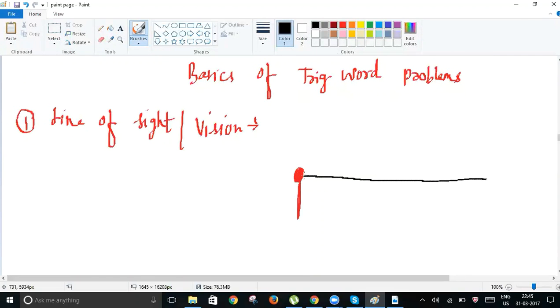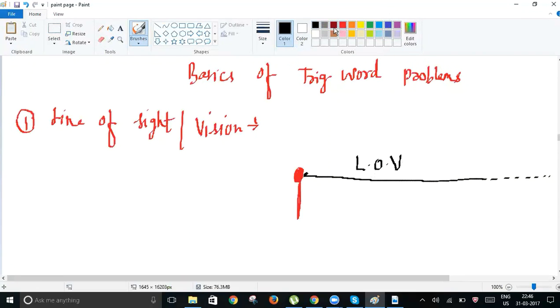Then we define it like this: there is a ray of light starting from your eyes, but it doesn't have any ending point. There is no specific point at which you are looking. We call this line, which starts from your eyes but has no ending point, line of vision.